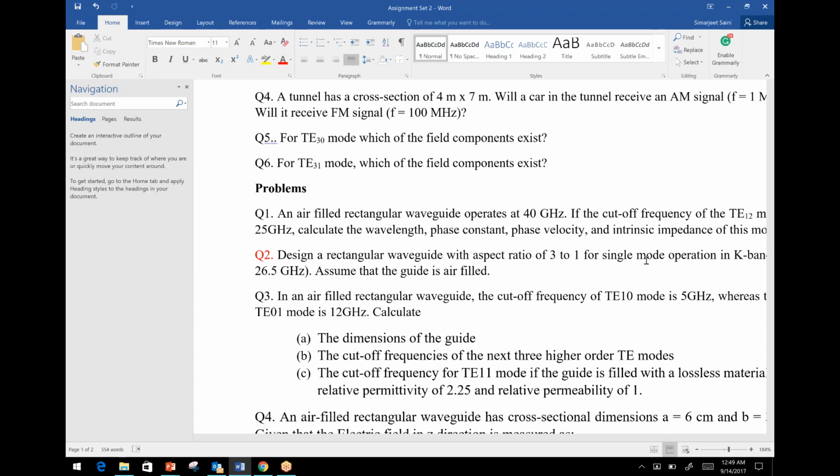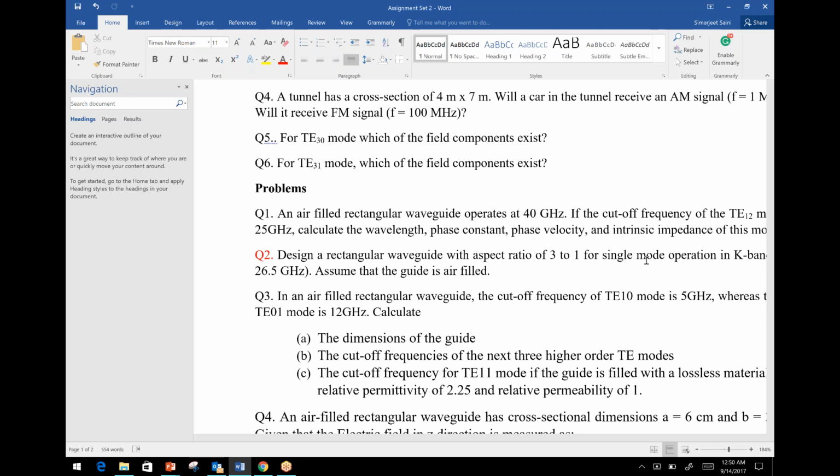So it's basically saying that the rectangular waveguide has to operate as a single mode from 18 to 26.5 gigahertz. So here, students, you'll have to think about it. Obviously the first cutoff mode is TE10, and since its operation has to start at 18 gigahertz, you can decide, okay, let me go 1 gigahertz below, and say that the cutoff frequency of the first mode is around 17 gigahertz.